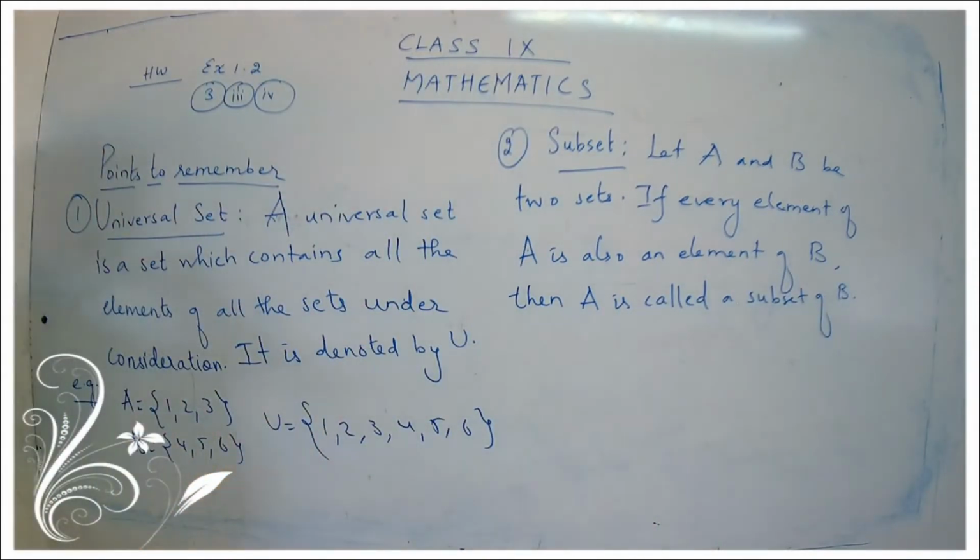Let A and B be two sets. If every element of A is also an element of B, then A is called a subset of B.